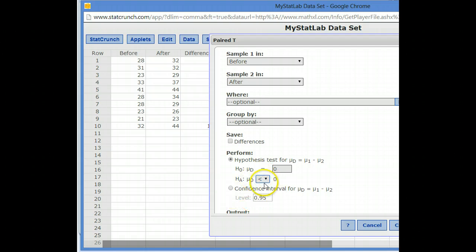So selecting this is important, and you know it's one-sided, but you have to decide if it's greater than or less than, and then you have to look back at how this relationship was created to make sure we're looking for an increase and not a decrease.